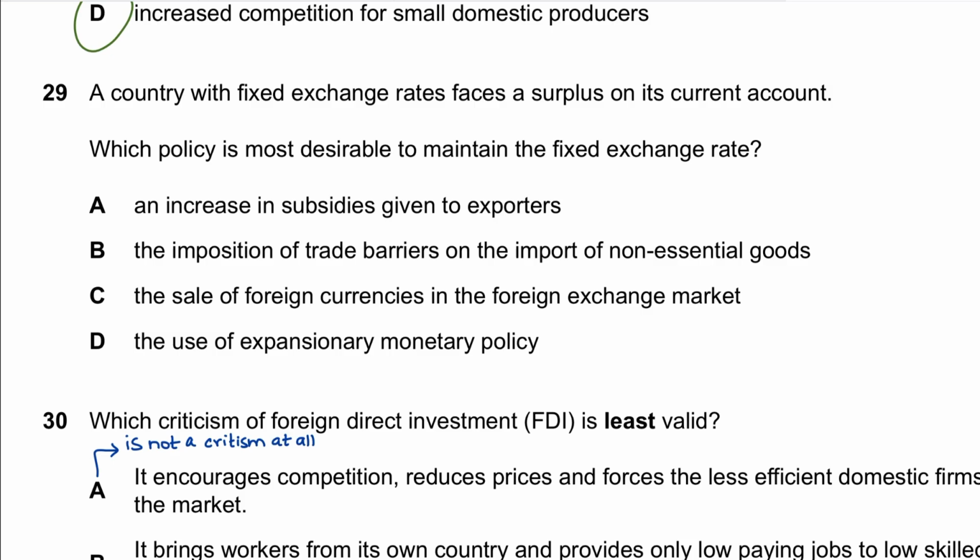But since it has a fixed exchange rate system, it needs to maintain that currency value. Demand for the currency is going up, so it needs to increase the supply of the currency to maintain that exchange rate value.